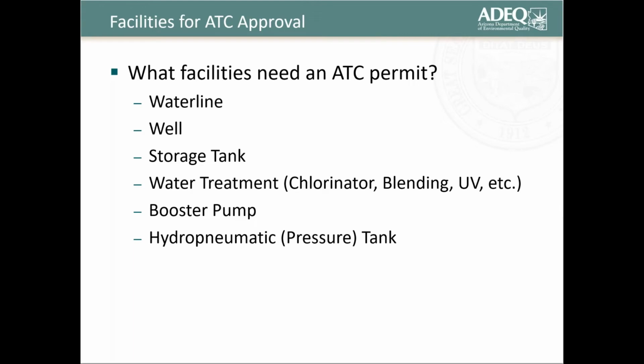Each facility is reviewed according to the type of function it serves in the public water system. As an engineering reviewer, we follow the guidelines and rules set forth in the Engineering Bulletin number 8 and 10, the Arizona Administrative Code, American Water Works Association, and local standards set by the county. Next we'll jump into what is needed for each water component to obtain that ATC permit.